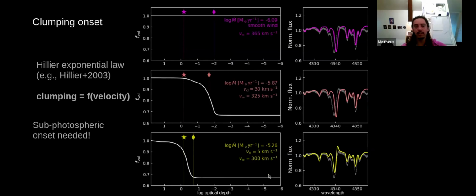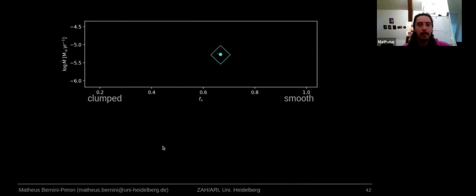So we did this test to know where we could start having the clumping, where we could make clumping start in the wind, which was very close to the photosphere, so really at sub-photospheric velocities.